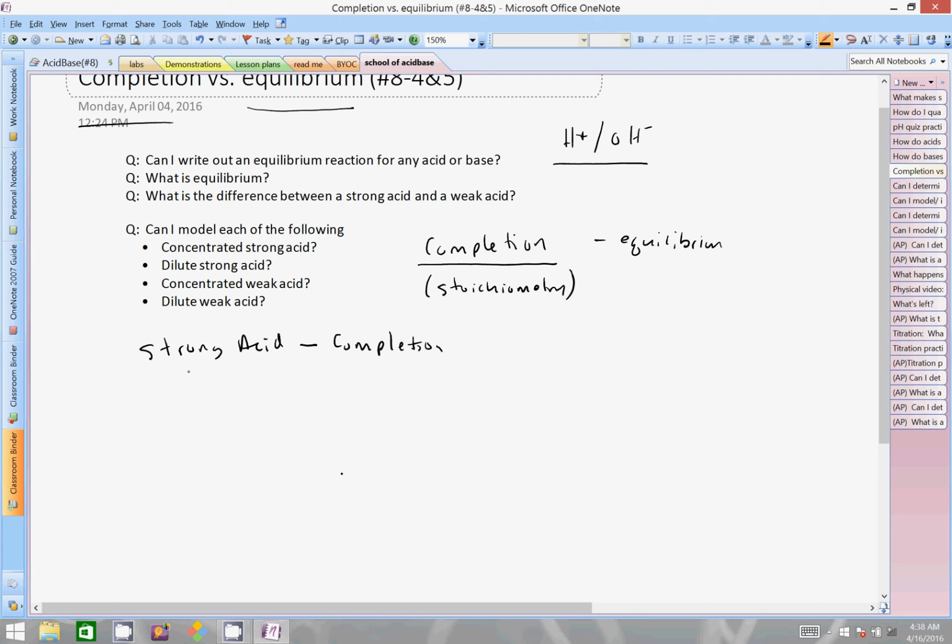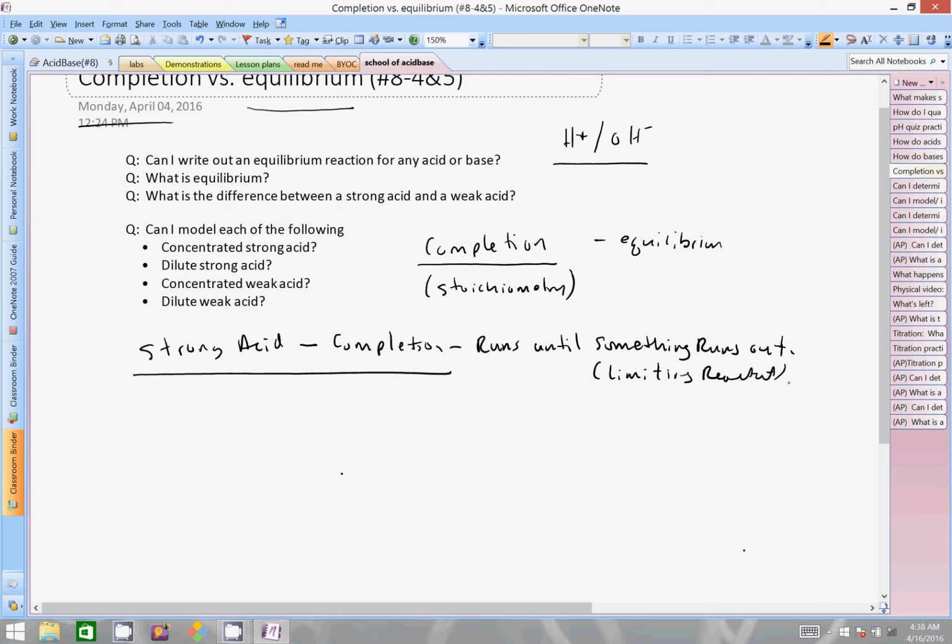Completion is a reaction that runs until something runs out. So we would have a limiting reactant. Okay, so with that being said, let's draw an ICE table for this guy.